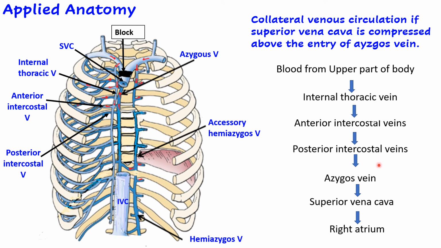Posterior intercostal veins are tributaries of the azygos vein directly, or of its tributaries, the accessory hemiazygos and hemiazygos veins. Ultimately the blood comes to the azygos vein, then it takes the blood to the superior vena cava beyond the obstruction, or distal to the obstruction, and then the blood reaches the right atrium.